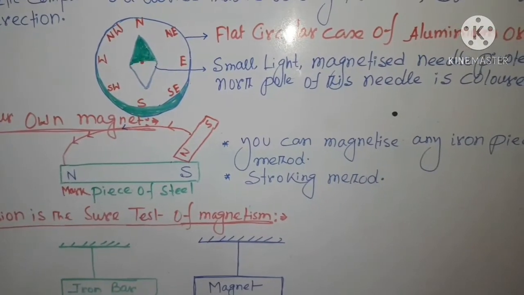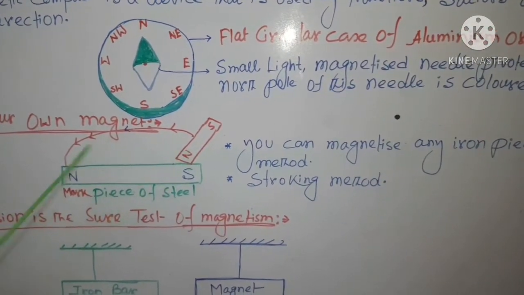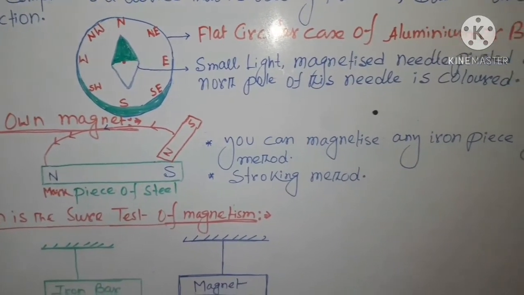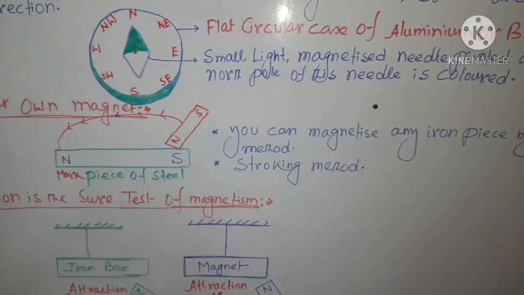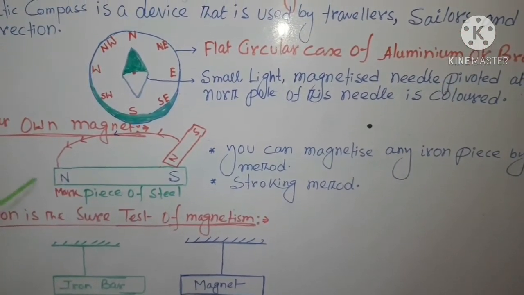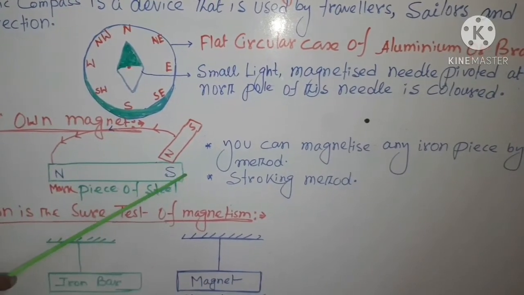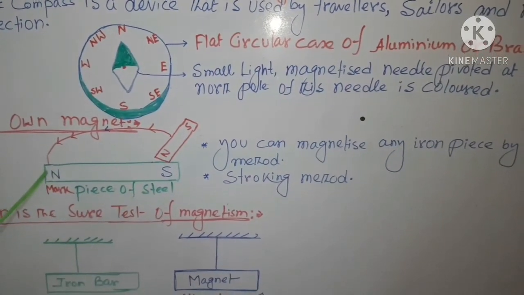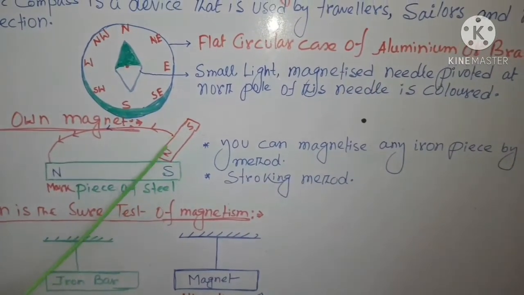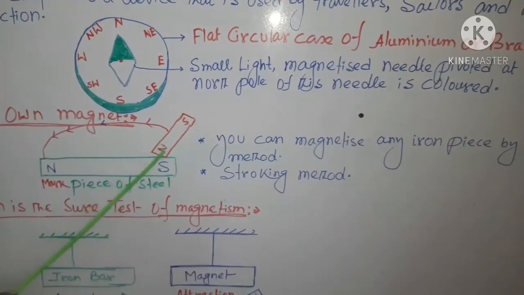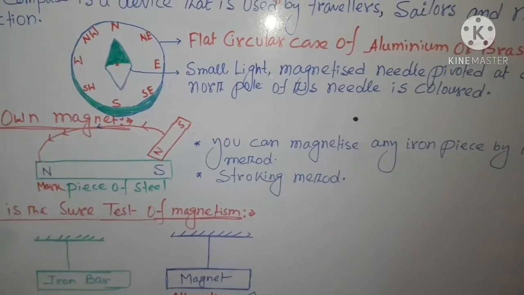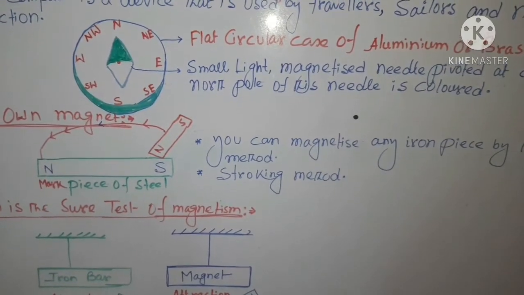Mark one end of the bar with ink. Now take a strong permanent magnet, and rub the north pole of this permanent magnet from the marked end to the other end of the steel. From the other end remove the north pole, again bring the north pole back to the marked end, and rub in the same way 30 to 40 times.